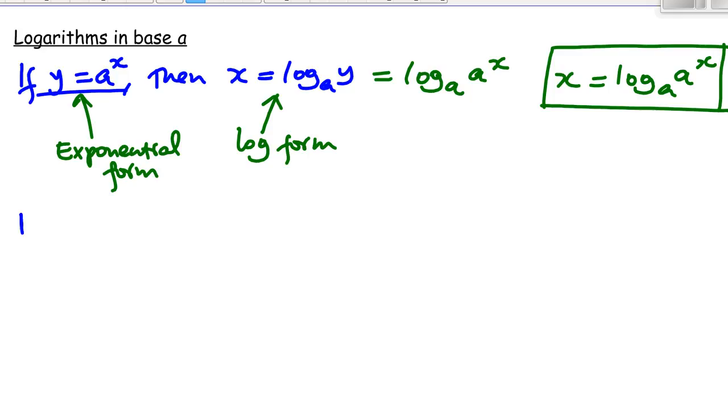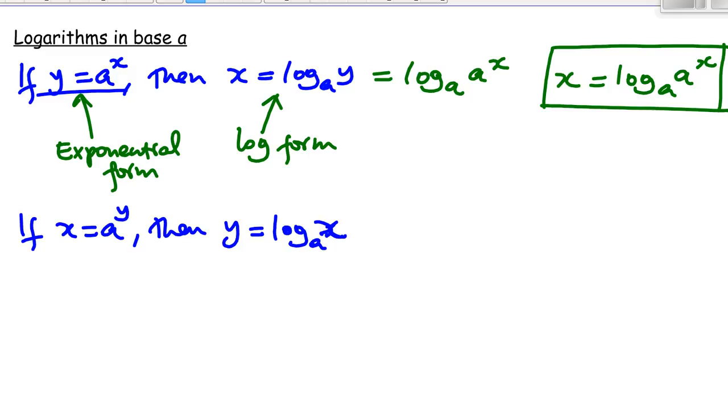Alternatively, if x is equal to a to power y, then y will be equal to log to base a of x. Now remember, again, this is in exponential form. This is in log form.